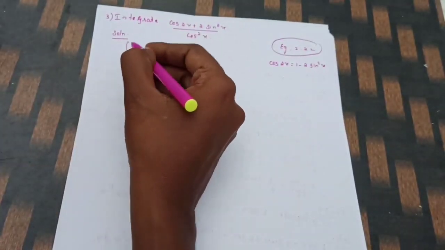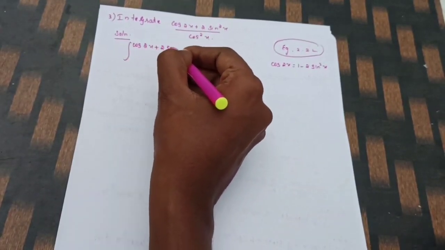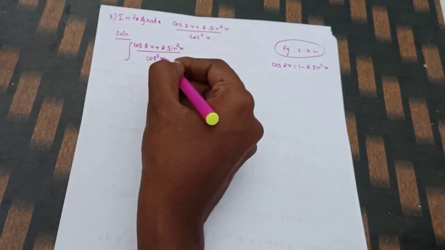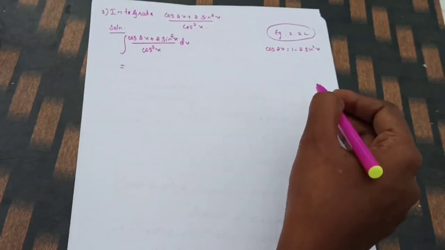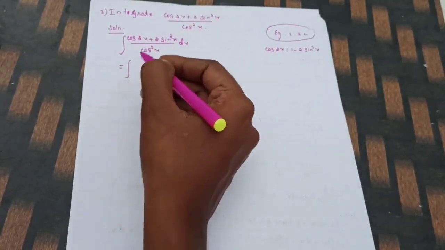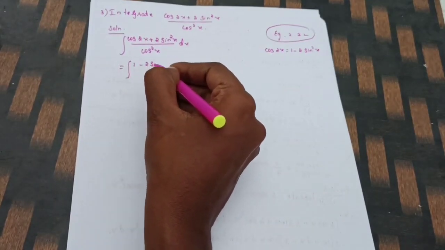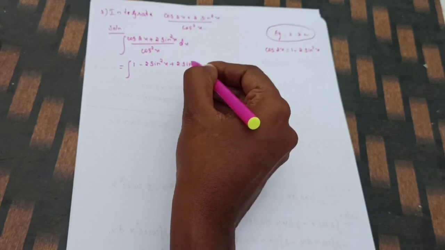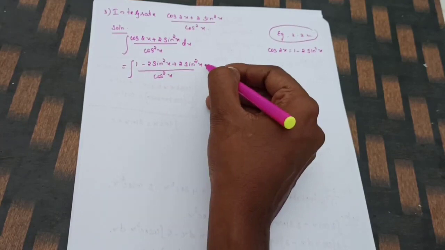Okay, so shall we substitute the formula here? That's equal to integral of cos 2x plus 2 sin square x divided by cos square x dx is equal to, the formula we are going to use here, integral of, substitute in the place of cos 2x this one, 1 minus 2 sin square x plus 2 sin square x divided by cos square x, dx.